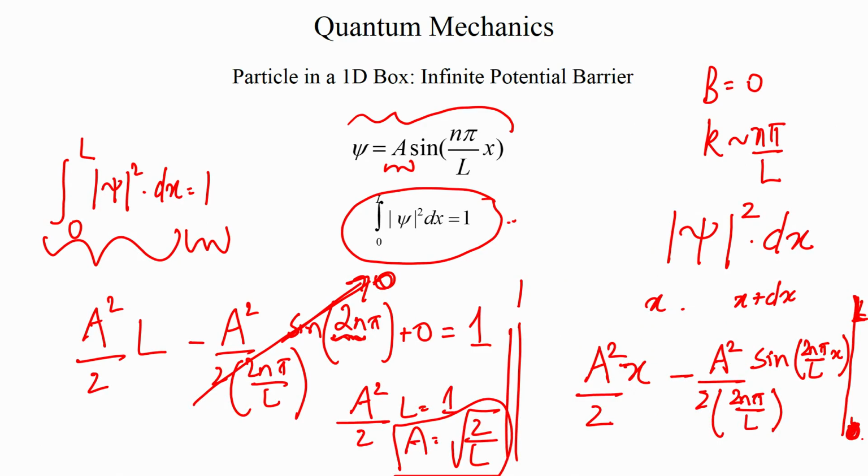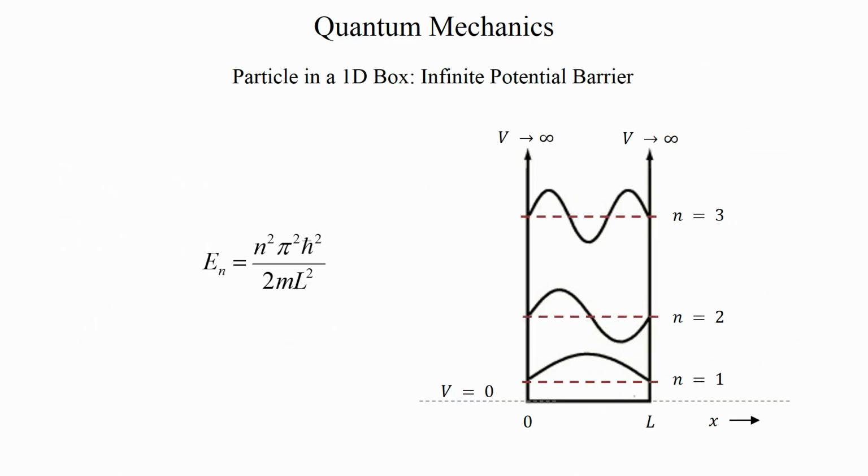So we can therefore describe the wave function. Now you've identified a to be square root of 2 by L, you identified b to be 0, and you've identified k to be n pi by L, where n is an integer.